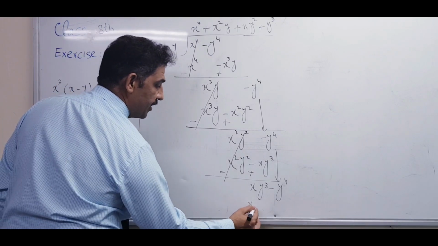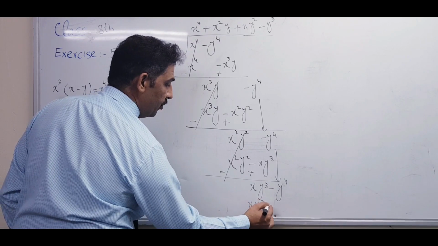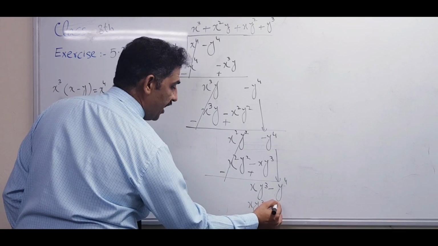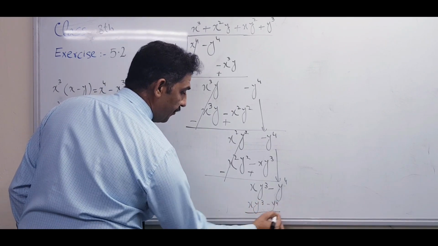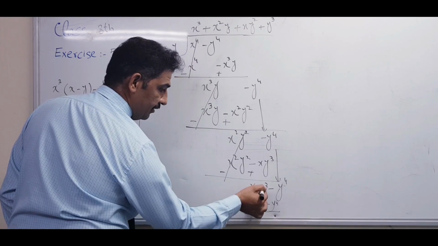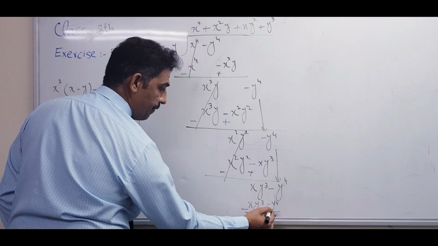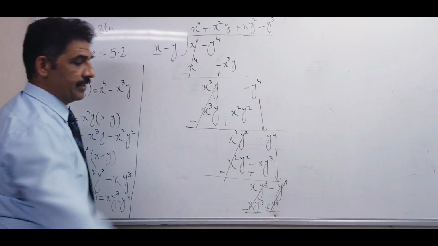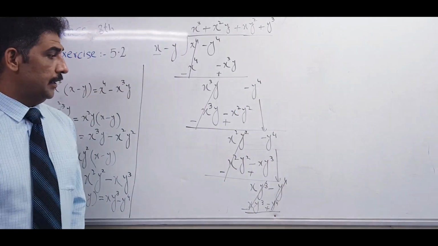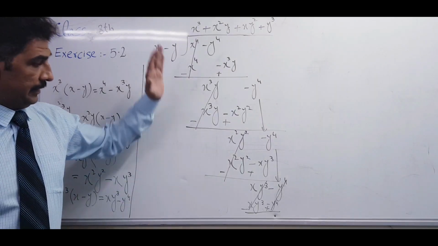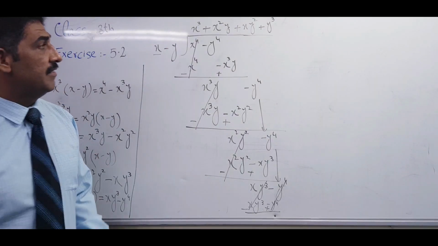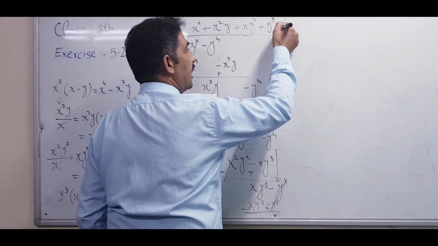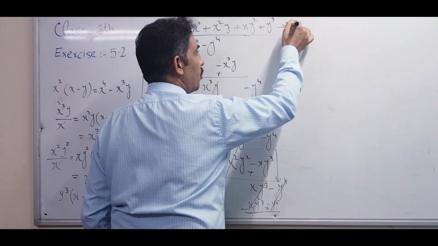So xy cube minus y exponent 4. After that, change the sign. This will be cancelled and this also will be cancelled. So that is our final answer. Because here the remainder is 0, that is our answer. That is the quotient.